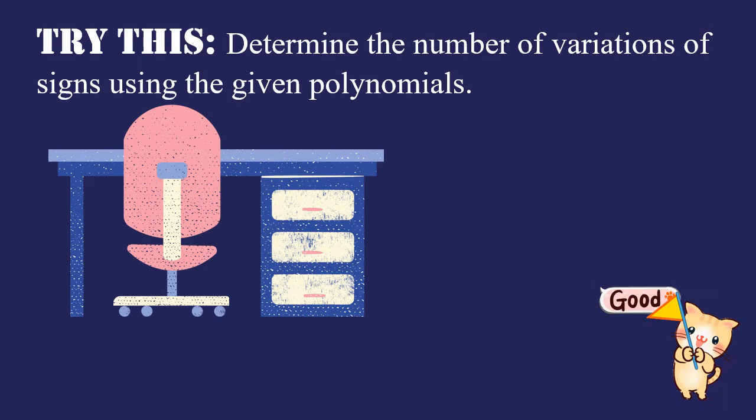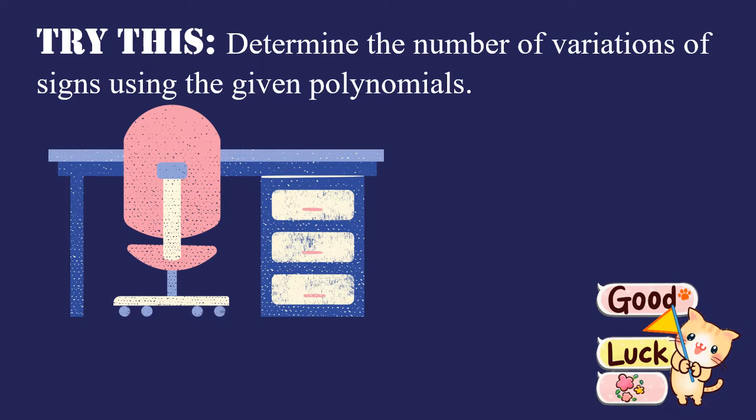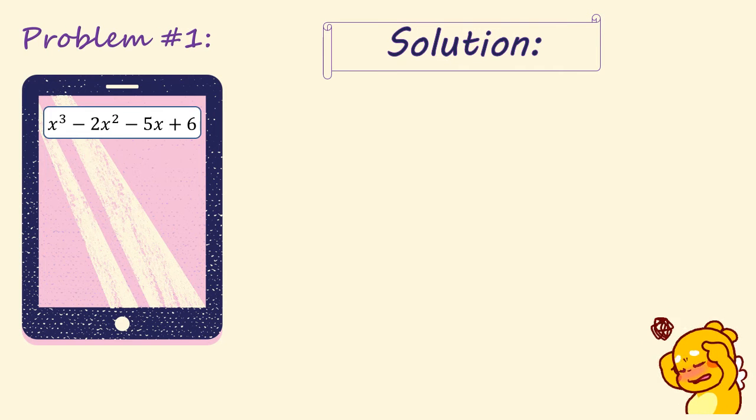Determine the number of variations of signs using the given polynomials. First, we have this polynomial: x cubed minus 2x squared minus 5x plus 6.